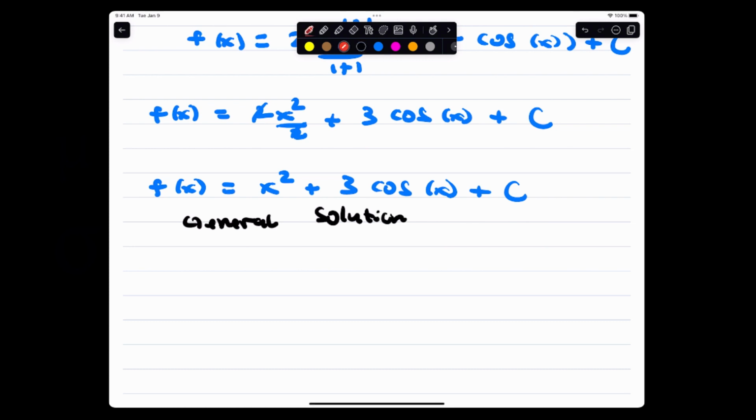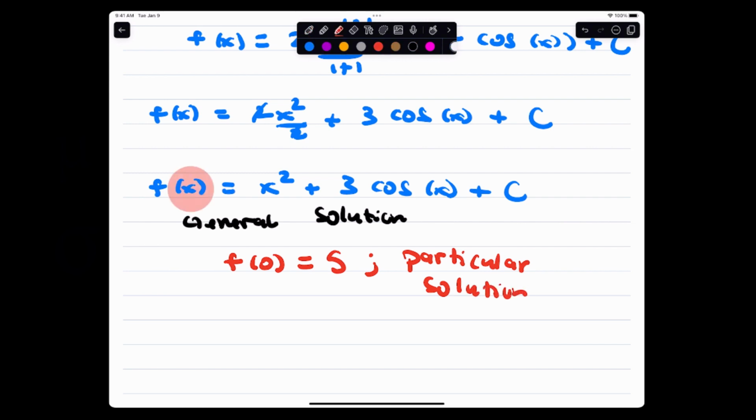By using the condition, you get what's called a particular solution. The particular solution happens when this x value here is what number? 0. So you're going to plug in 0 here, 0 here, 0 here.